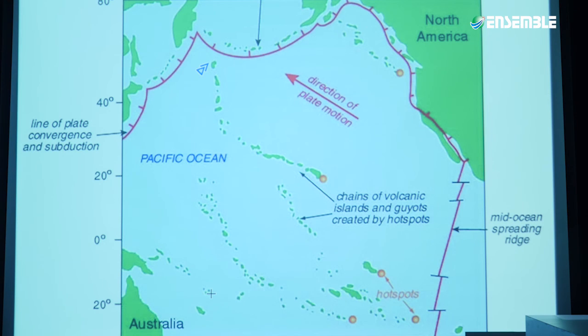This is what we meant by the previous animation. That was where the hotspot was. The hotspot, or the mantle plume, has remained in this place. It's only that the Pacific plate was over it and kept on moving northward, and as it did, it led to the evolution of a certain type of volcanic activity on the surface.